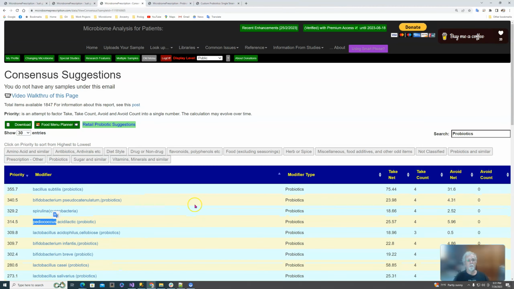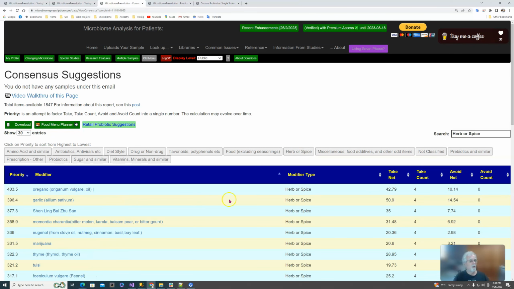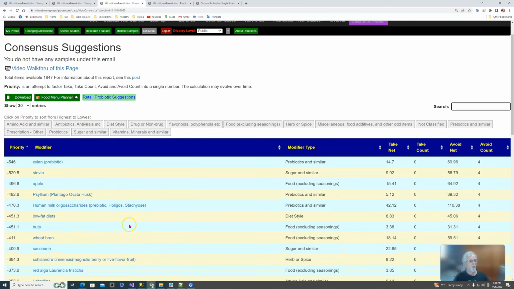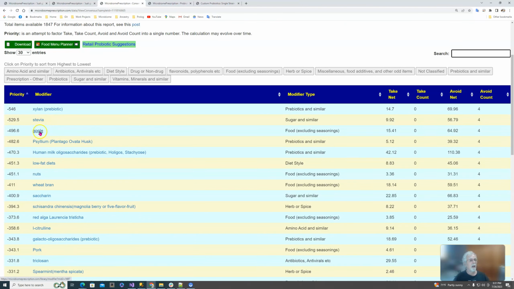Okay, so now the rest of it is basically going in and clicking through, taking a look at things you should do. Also, take a look at things you want to avoid. For example, stevia, apple, xylem, psyllium, low-fat diet, nuts, and remember, peanuts and nuts are different creatures.